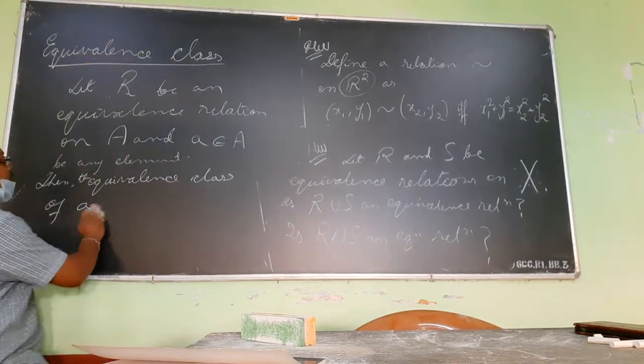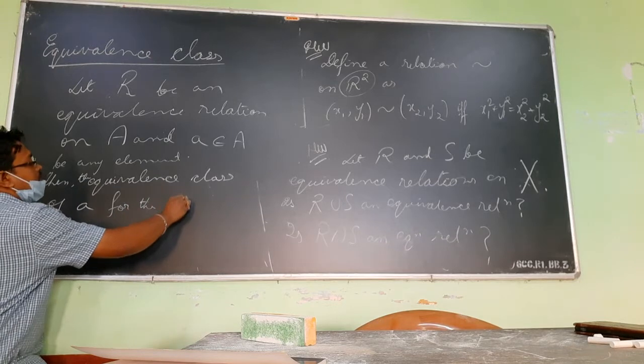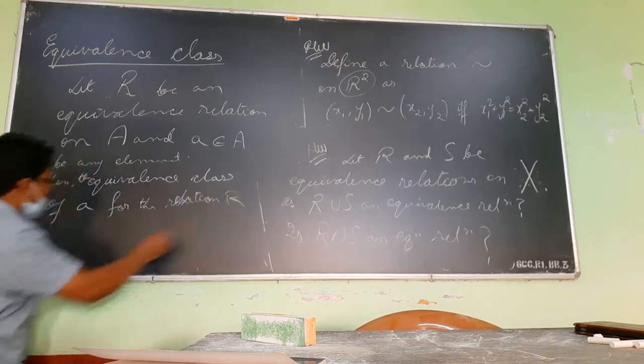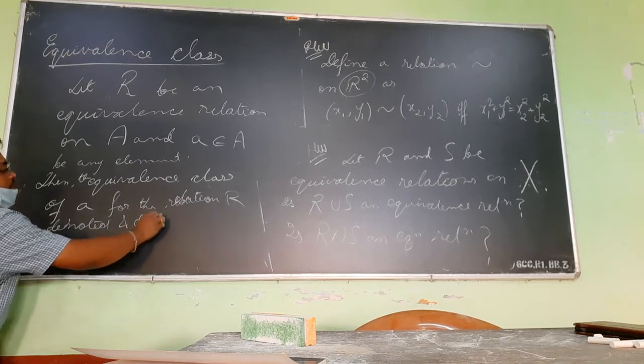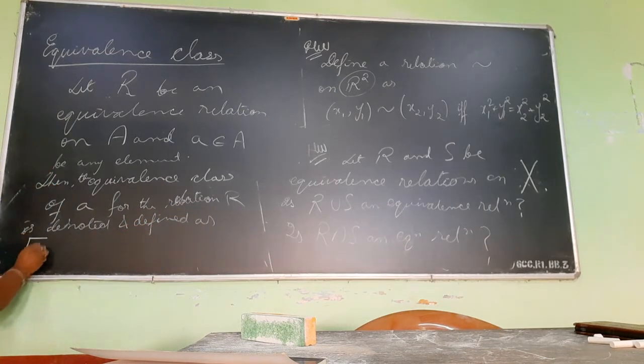The equivalence class of a for the relation R is denoted and defined as, again, we denote it by this square bracket.